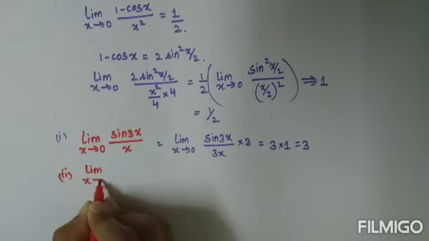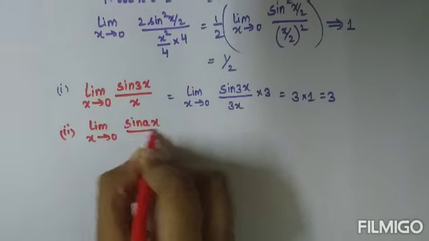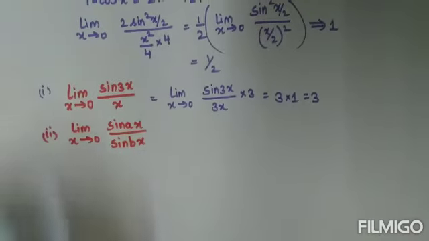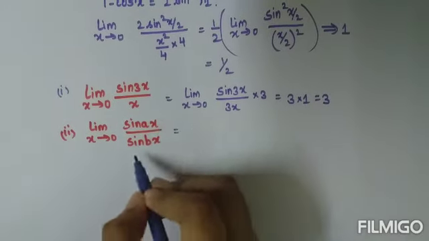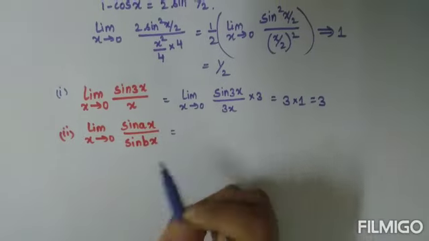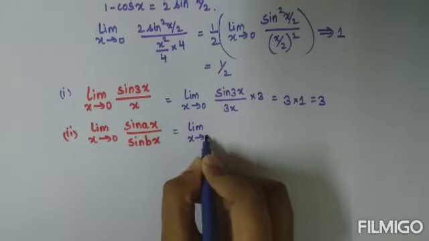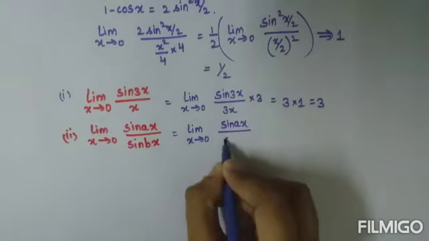Limit x tends to 0 sin ax by sin bx. This can be solved in a very simple way, because if we multiply and divide with ax and bx, we get limit x tends to 0 sin ax by sin bx.